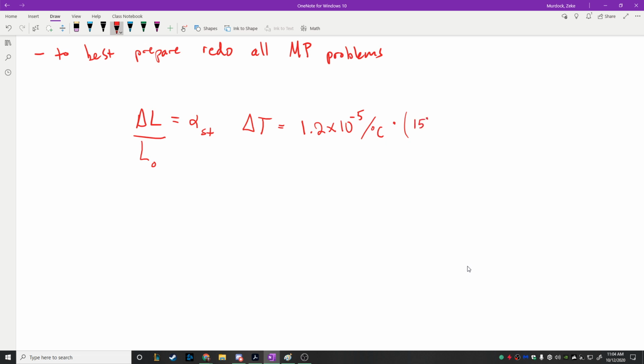So it's 15 degrees Celsius minus 20 degrees Celsius. This is 5 times... Oh, this is pretty easy to do, right? So this becomes negative 6. 60 times 10 to the negative 6 will be 6 times 10 to the negative 5, I think.